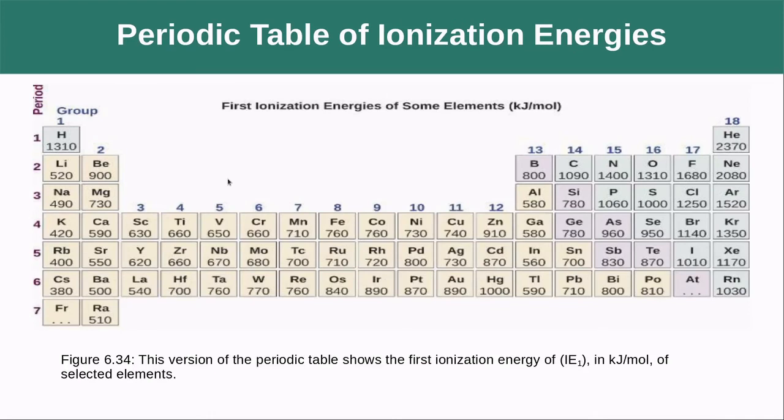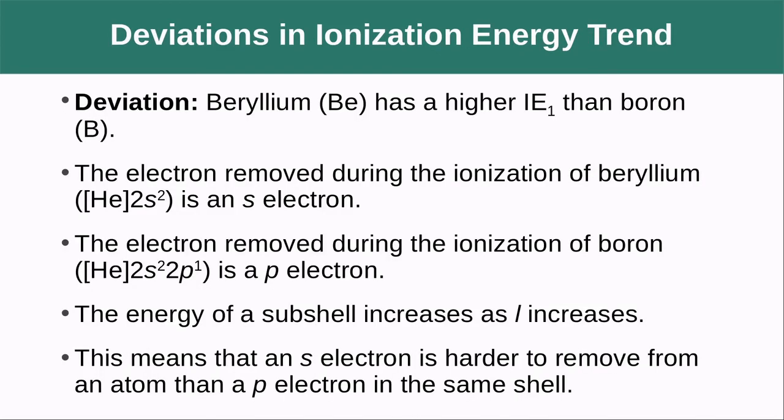Here we have a periodic table showing us all of the ionization energies for all of our elements. There are some deviations in the trends of ionization energies, and this is due to the electron configuration. If we look at beryllium and boron, the electron that we're going to remove during the ionization of beryllium is an s electron, but for boron it's a p electron.